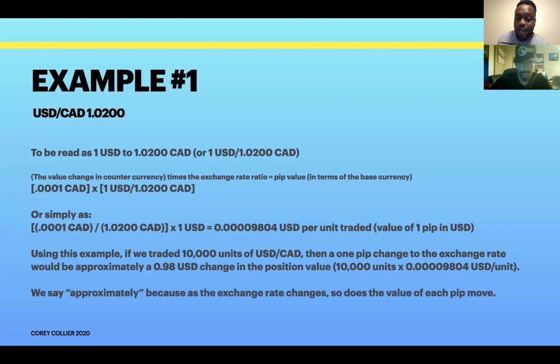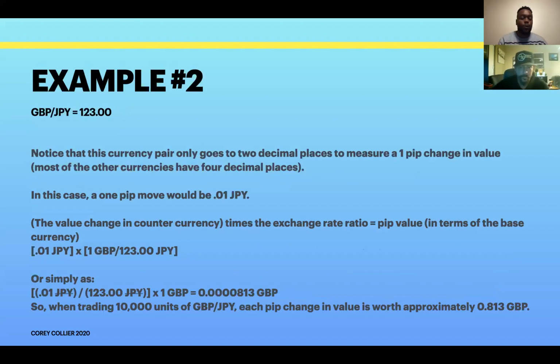So for every 1 pip, you'll get paid 98 cents. You multiply that 10,000 units by the 0.00009804, and that's how you get 98 cents for the pip value, guys. And also we say approximately because as the exchange rate changes, so does the value of each pip move. I got another example. We'll use JPY.